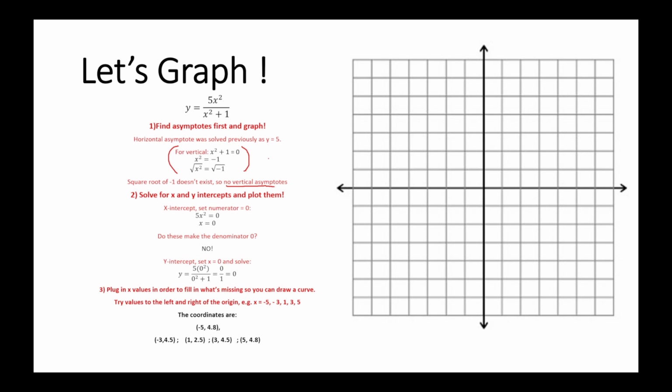Step 2, we're going to look for x and y intercepts, if this graph has them at all. For the x-intercept, set the numerator equal to 0. When we do that, we get x equals 0. Does this work? It works because the denominator isn't made equal to 0 when we plug it in.